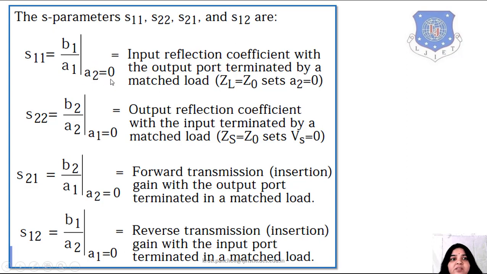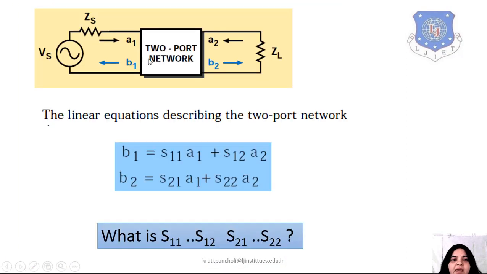The meaning of A2 equal to 0 is this. In the diagram you can see that for S11 you are transmitting from port number 1 and we have the reflection at port number 1. Port number 2 is connected with a matched termination, meaning the impedance is matched.